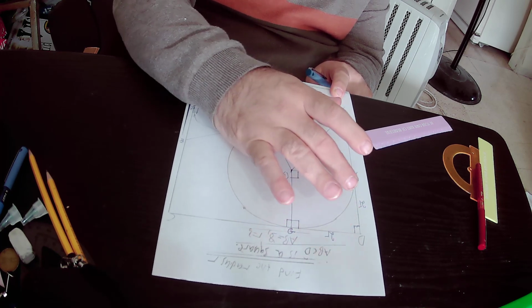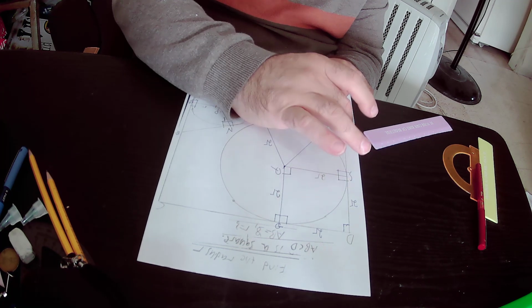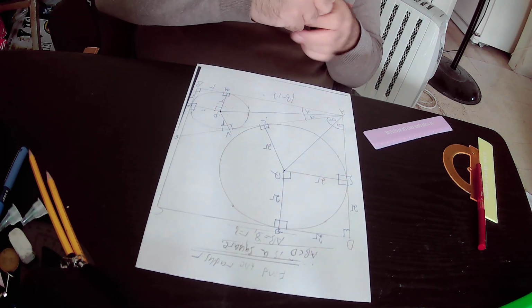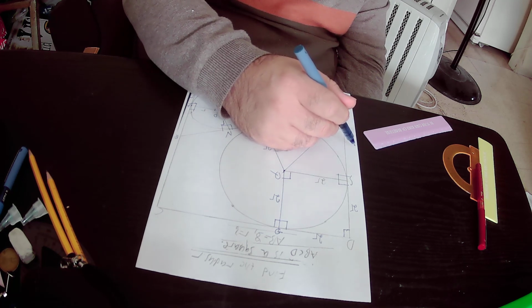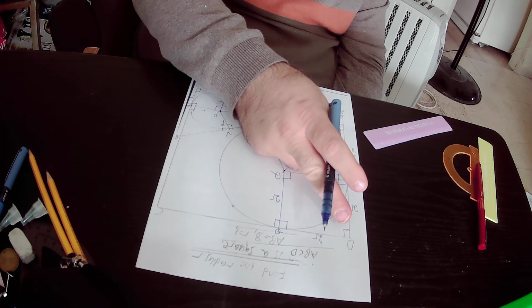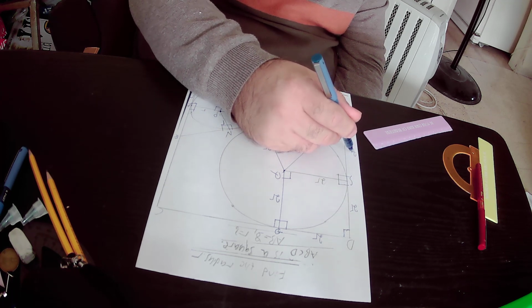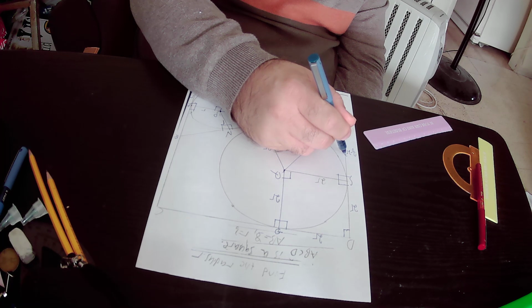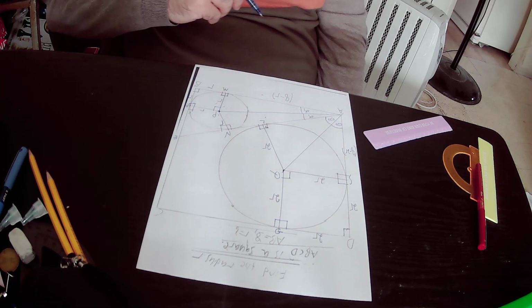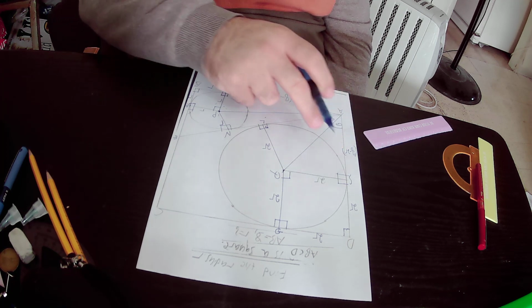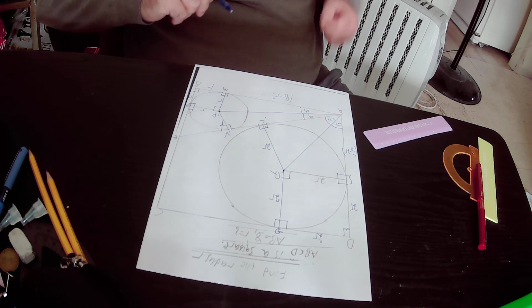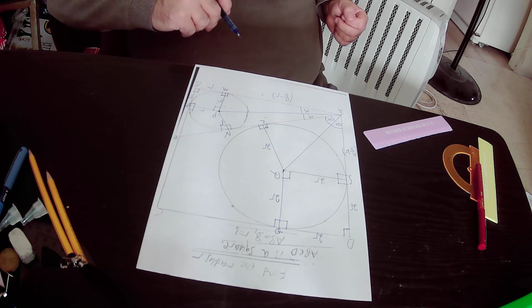That is to say, AS equals AD, that is 8 units, minus SD, that is 2R. So AS equals 8 minus 2R. Okay?